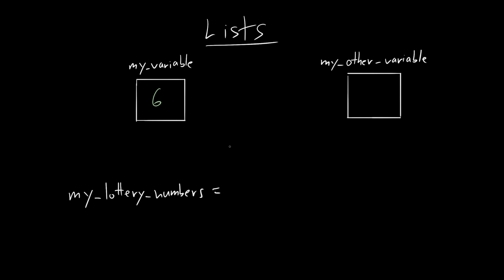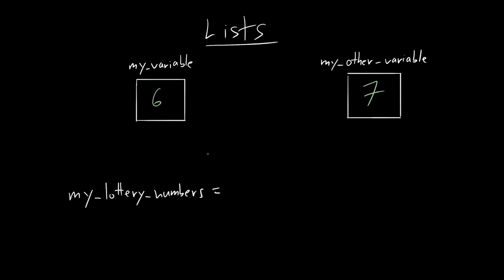And the way to access this value is by calling the box's name, my variable. And then we have another variable with maybe another value, and then we can access this value by calling my other variable. The issue with this is that you can only put one thing inside this box.